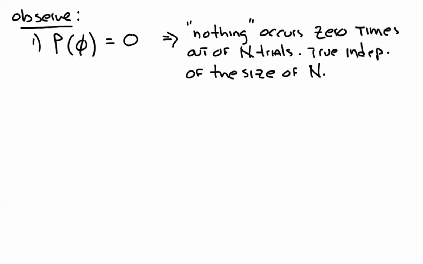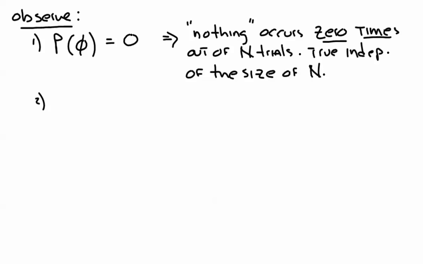Nothing occurs, meaning no outcome occurs, exactly 0 times out of n trials. It's true independent of the number of times we actually perform this experiment. So we can therefore say that the relative frequency of nothing occurring, which is always 0, equals the probability of nothing occurring, equaling 0.